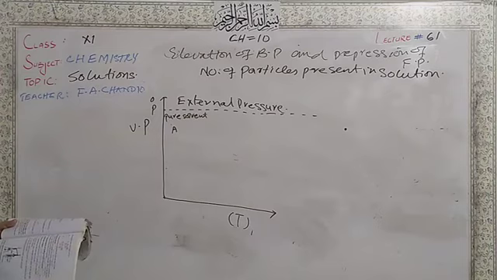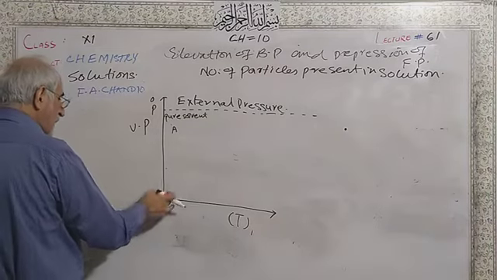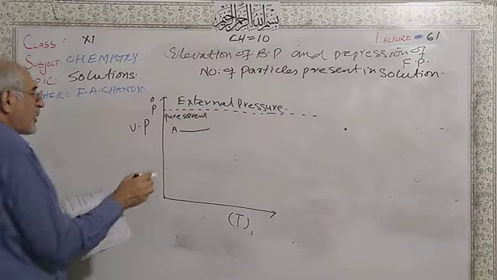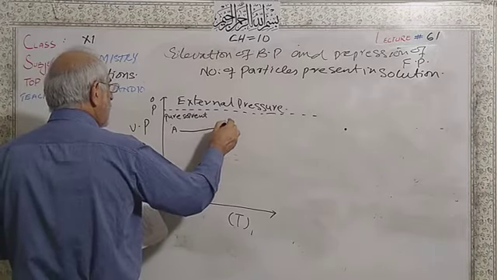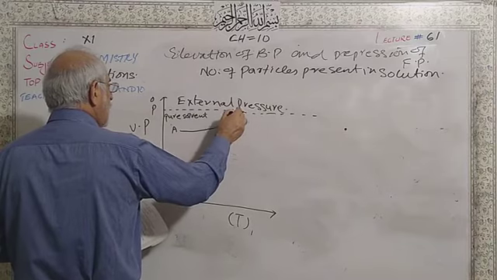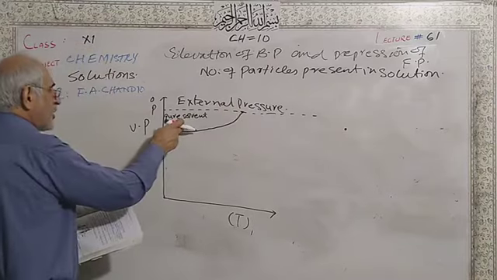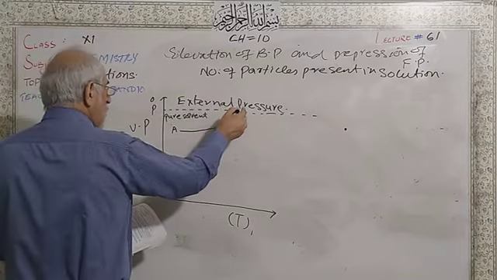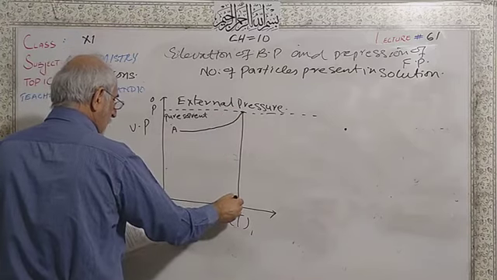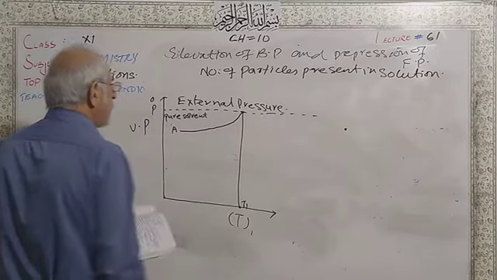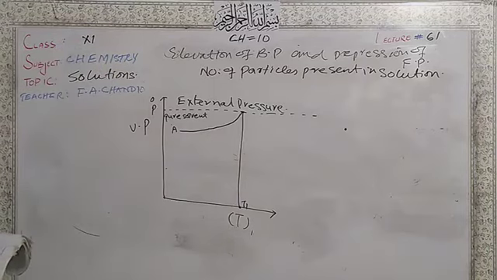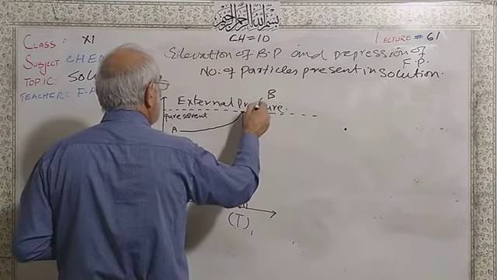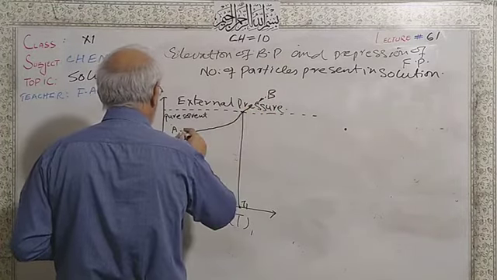When I increase the temperature, the vapor pressure is going to increase, and here the equalization point comes, where the vapor pressure of the solvent is equal to the external pressure and the liquid starts to boil. So you have to come to this point, and this is called T1, and this is B.